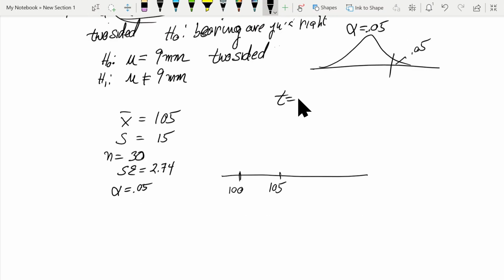The t-value, it has a t-value just like a confidence interval, is the sample average of 105 minus the hypothesized value of 100 divided by the standard error. 5 divided by 2.74, 1.82. Go back to the empirical rule. Where's 95%? 2. And minus 2.